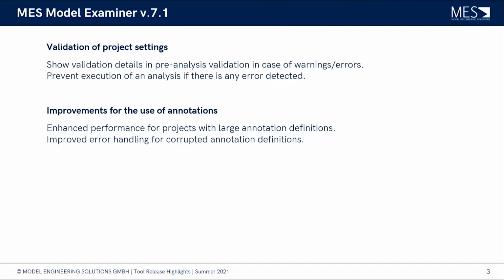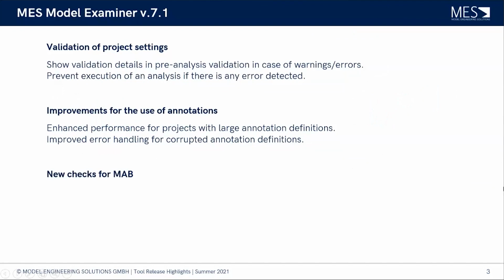And this is especially for large reports with many annotations. And also we improved the error handling if there are problems with adding or removing an annotation. So if there is such a problem, then there's also a new pop-up which shows up if something went wrong while adding an annotation. So an improvement in robustness mostly for the use of annotations in very large projects.